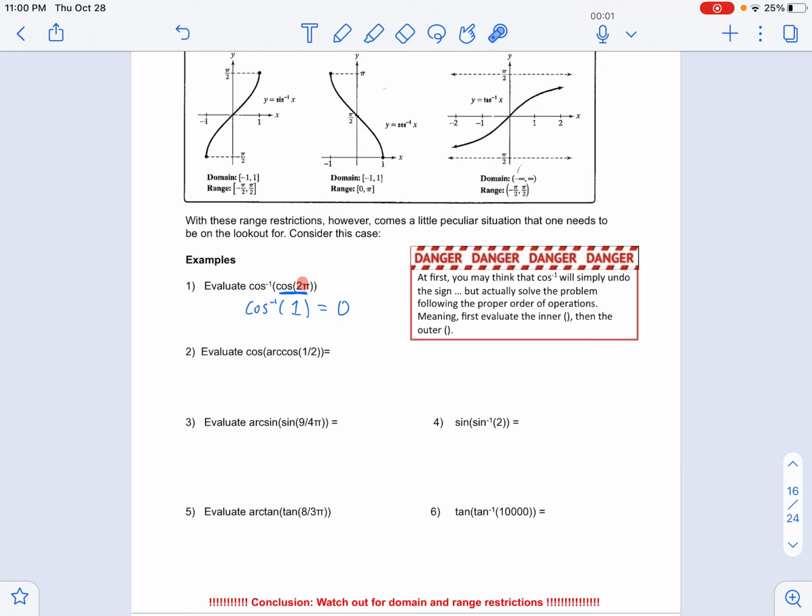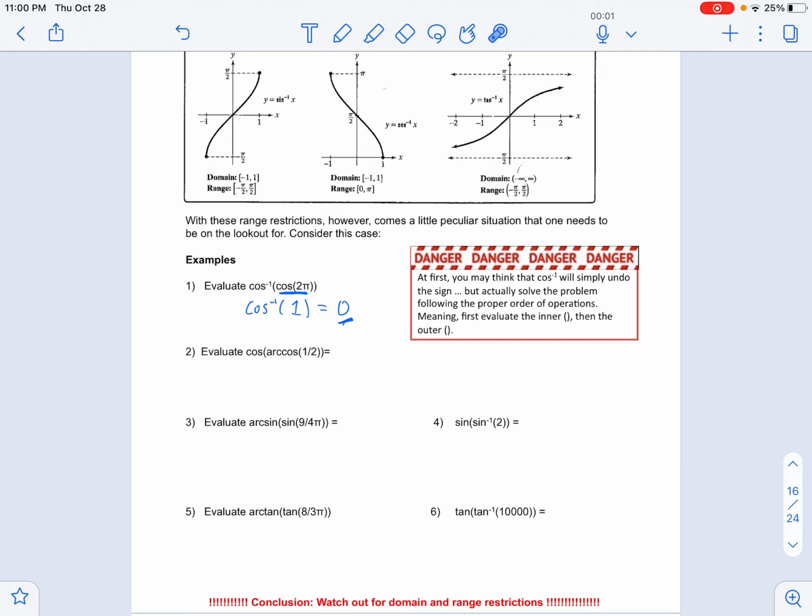If I plugged in 2 pi, shouldn't I get 2 pi? Well, yes, but 2 pi is outside of the range of our arc cosine. We can never get 2 pi out of our arc cosine. So you will get the equivalent of 2 pi because 0 is coterminal to it. It produces the same result for cosine. So this right here is your answer.